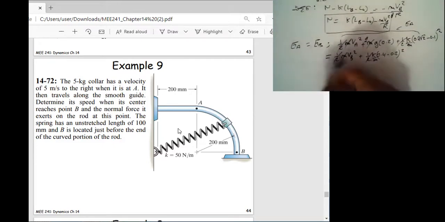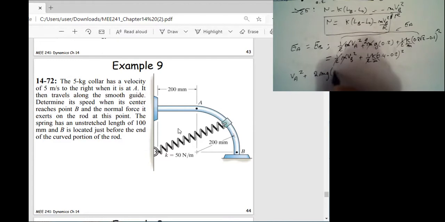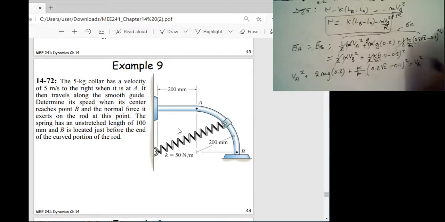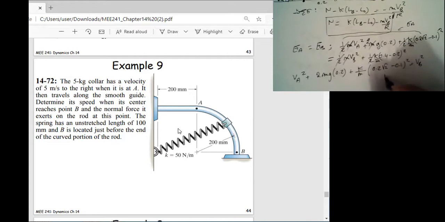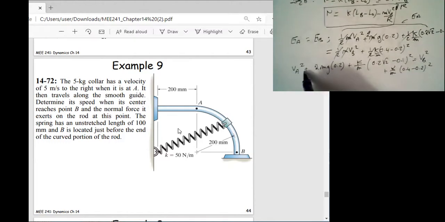So I think we're going to end up with a single line: V_A squared plus 2 m g multiplied by 0.2 plus k over m times (0.2 square root of 2 minus 0.1) squared is equal to V_B squared plus k over m times (0.4 minus 0.2) squared.